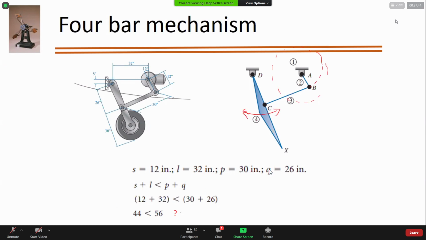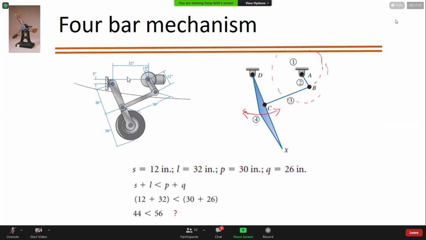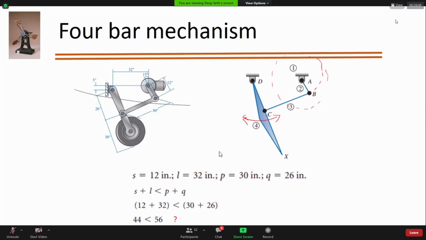I will take these values and put them in that Mech Analyzer. So we have 12, 32, 30, and 26. 12, 32, 30, and 26. And we have fixed this 32. The largest length is fixed. So I will just go to Mech Analyzer.